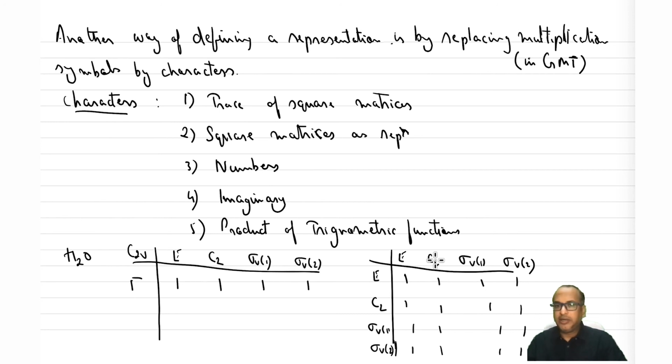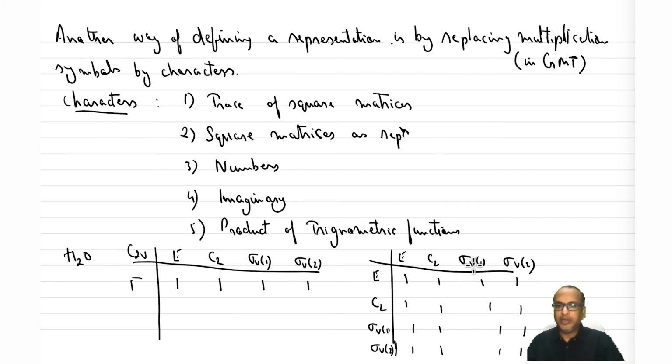Now we see that C2 into C2 is given by 1, and the character under E was 1. We know that C2 into C2 is E, and E is given by 1, right? So it does follow the rules of GMT.